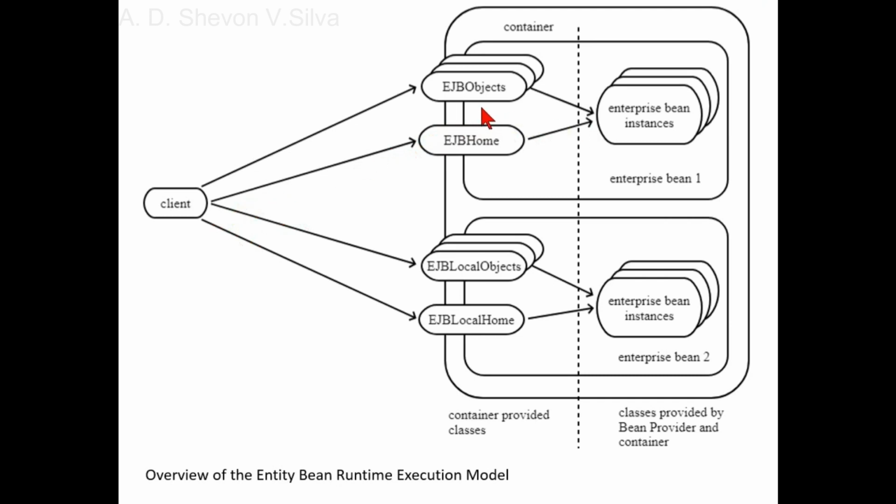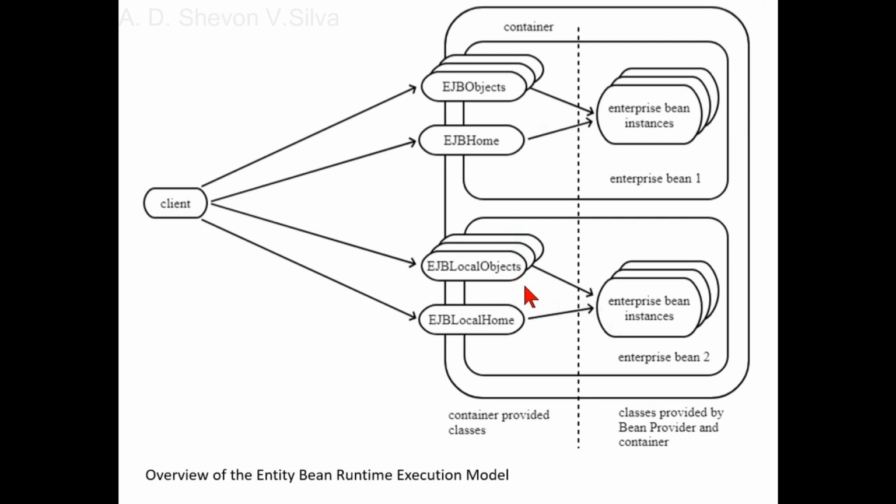A client always references an entity bean through an entity EJB object or EJB local object whose class is generated by the container provider tools. The entity object class implements an entity bean's remote interface. The entity local object class implements an entity bean's local interface.